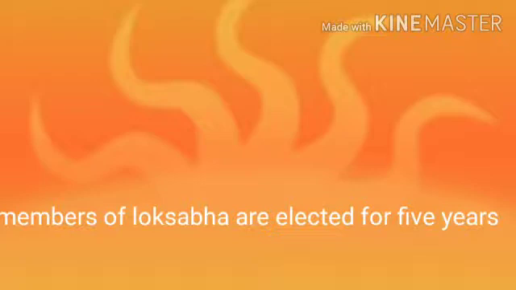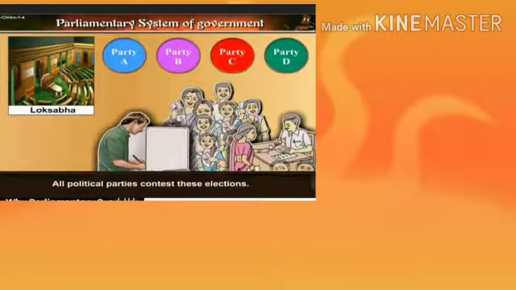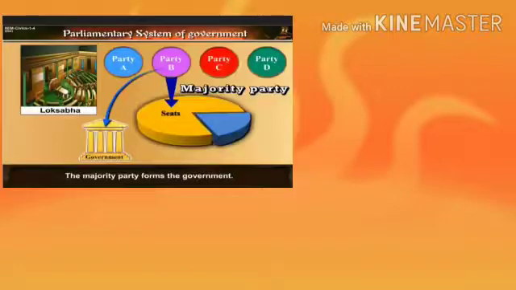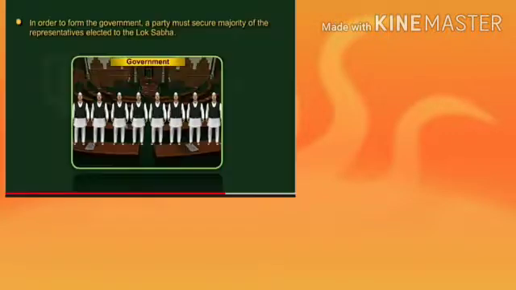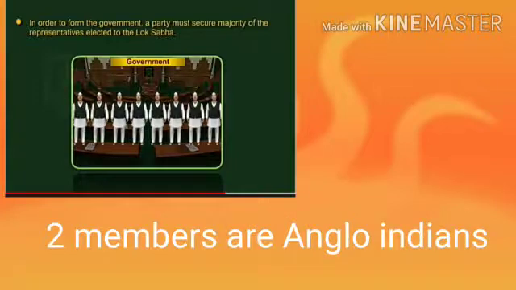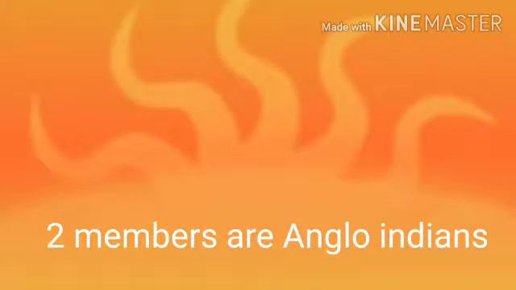The elections for the Lok Sabha are held every 5 years, and candidates of different parties contest the elections, and out of these many parties, whichever party gets a clear majority forms the government. As we have seen, there are 545 total members for Lok Sabha. Out of these 545, 543 members are elected and the other 2 members are nominated by the President.